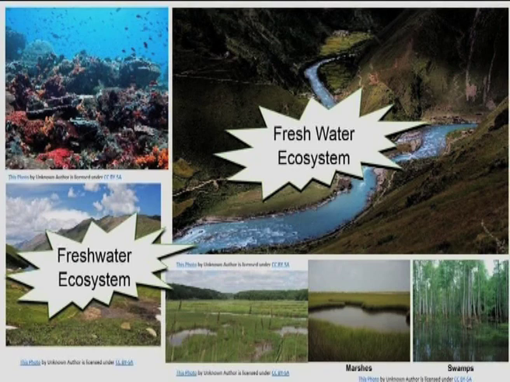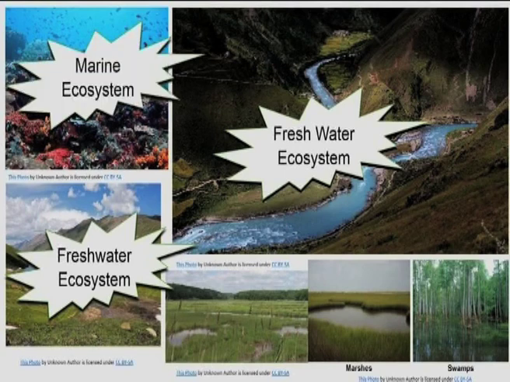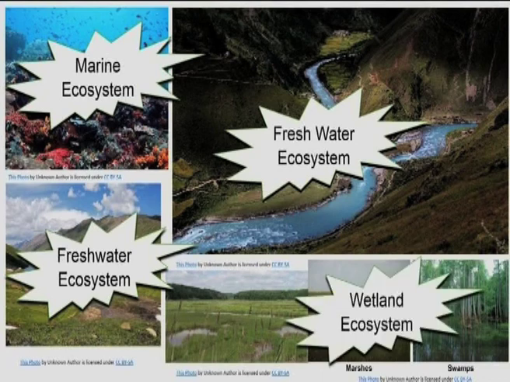The first one is the freshwater ecosystem, which usually includes our flowing river systems and lakes. The marine ecosystem is the largest hydrospheric ecosystem, which includes oceans and seas, and the wetland ecosystem includes marshes, swamps, and bogs. So these are the three kinds of hydrospheric ecosystem that we find on the planet.